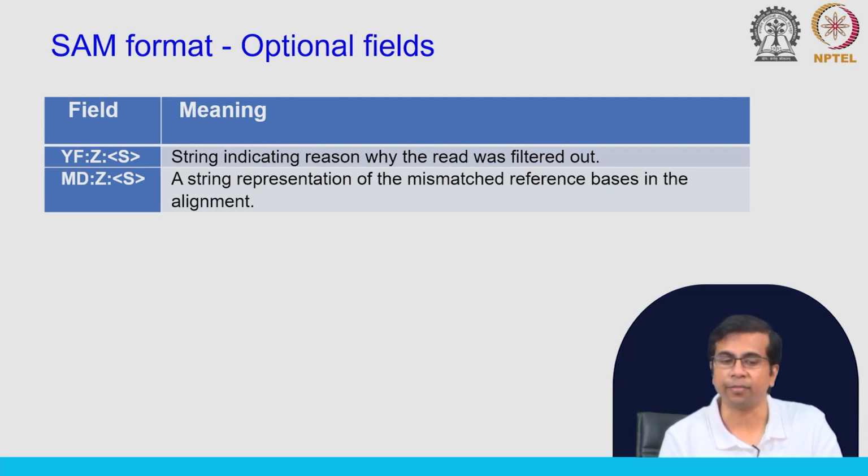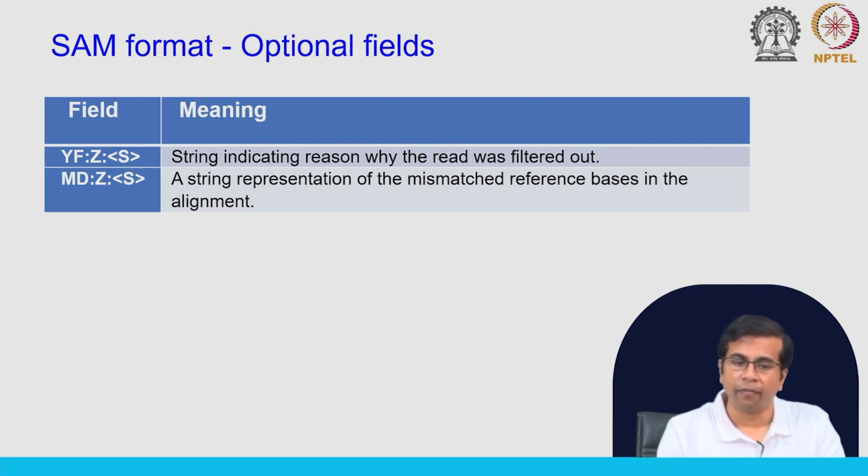So, Z means string, and this will be alphanumeric. MD:Z will be a string representation of the mismatched reference bases in the alignment. So, the changes that you see will be given in this MD:Z.